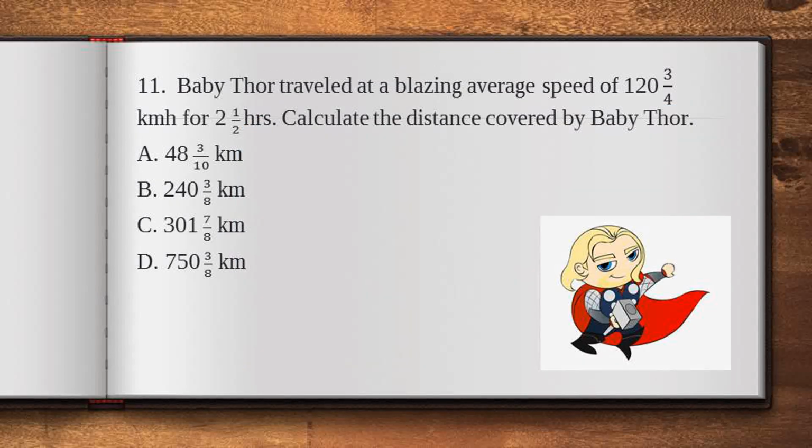Question number 11. Baby Thor traveled at a blazing average speed of 120 and 3/4 kilometers per hour for 2.5 hours. Calculate the distance covered by Baby Thor. Letter A, 48 and 3 over 10 kilometers. Letter B, 240 and 3/8 kilometers.